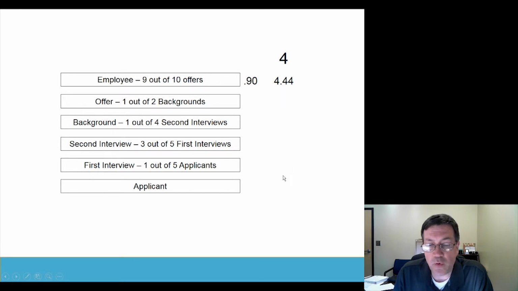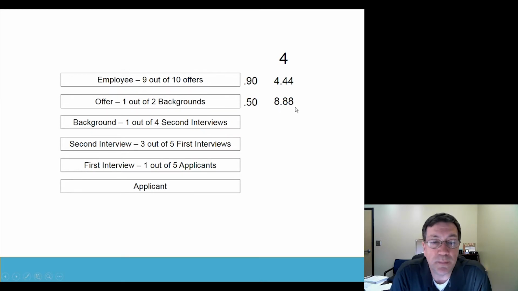Then we move forward down the column, figuring out the next numbers. This number will get larger and larger until we get to the end, because remember, we have a whole bunch of applicants and only a few job offers. So this number is going to grow. Next, we take that 4.44 and we apply a 50% factor to it, which means that we divide by 0.5, which is the same as multiplying by 2. 4.44 divided by 0.5 gives us 8.88.